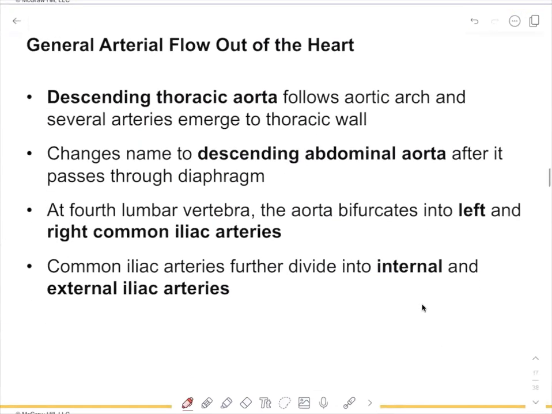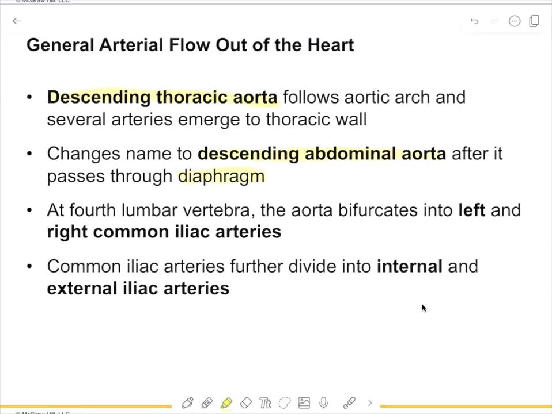On our next slide, we have the general arterial flow, which continues beyond the aortic arch. It becomes the descending thoracic aorta. This follows the aortic arch and several arteries that emerge to the thoracic wall. The name changes to the descending abdominal aorta once it passes through the diaphragm.